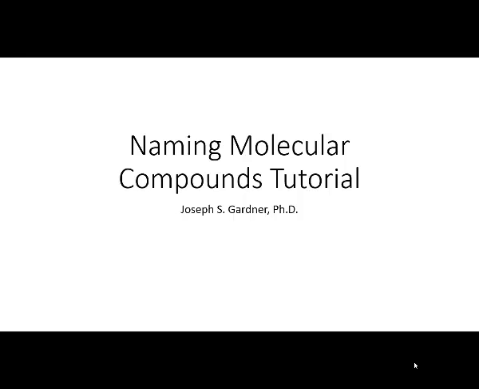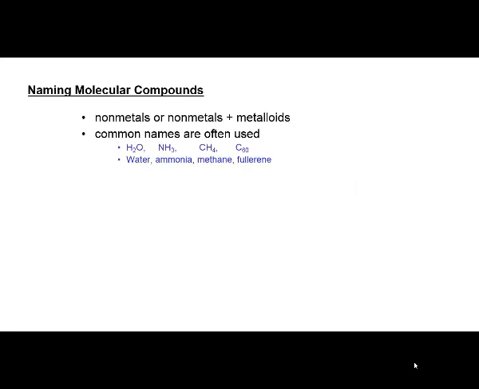Let's look at a couple of examples of compounds that might have common names used for them. So if you see H2O, the common name that probably everyone in our society is familiar with is water. We have seen NH3 listed as ammonia. That's a very common name in our culture. Certain types of hydrocarbons will have common names.